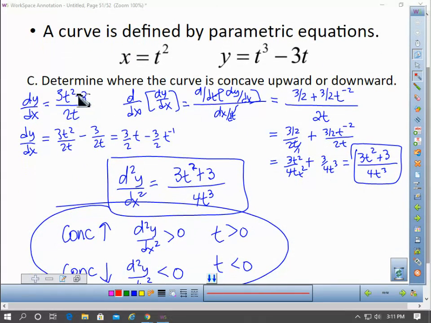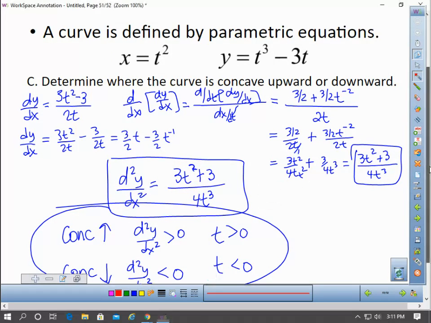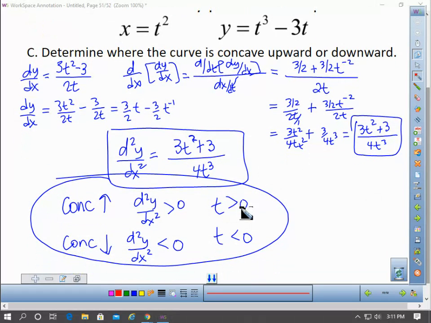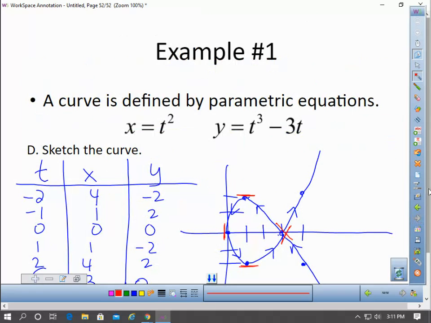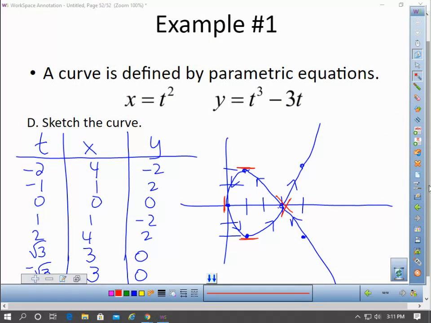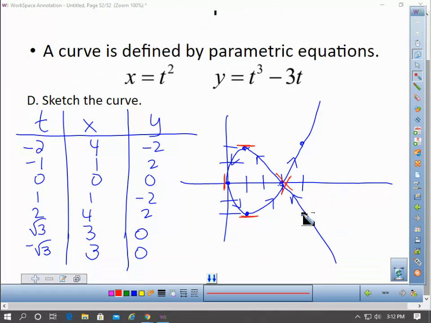So then on part C, it said determine where we're concave up and concave down. So we said when t is greater than 0, it's concave up. And when t is less than 0, we're concave down. So let's go back to this picture. So if I had filled in my t's here, this was -2, negative radical 3, this is -1, and then here's 0.